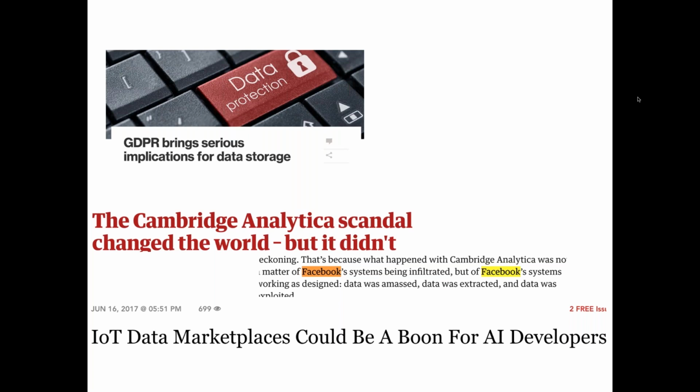Because your data is like currency, and it is very, very important for various organizations, because these organizations are making big business out of the data that we share with them. So I will touch a bit on data marketplaces and their significance, and how they apply to us.